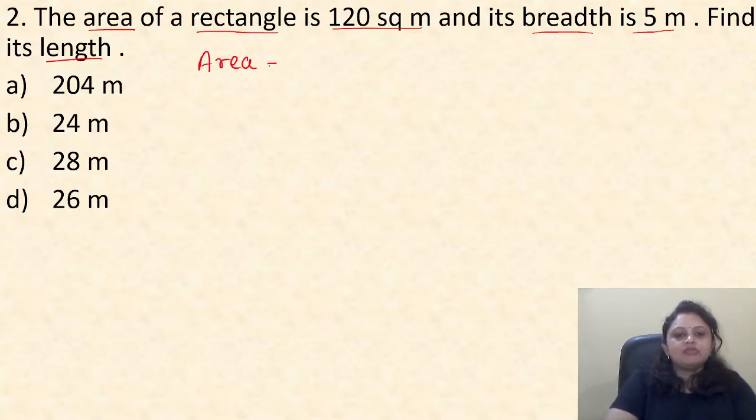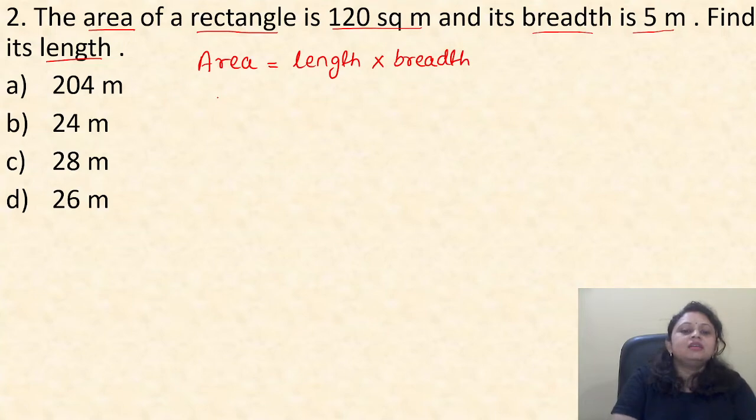Formula for area of a rectangle is length into breadth. Okay, so area that we know, that is 120, is equal to length, which we need to find out, into breadth, that is 5 meter.